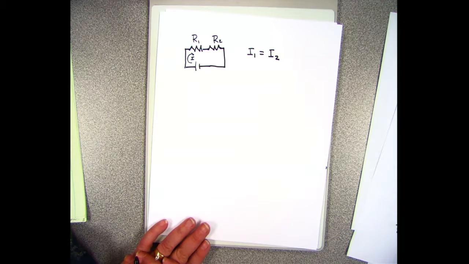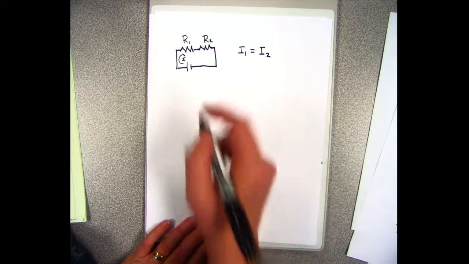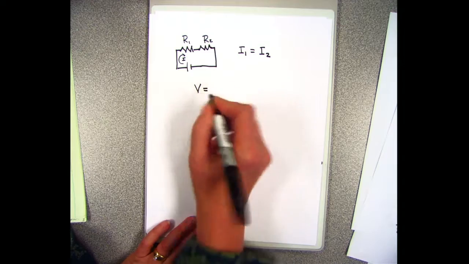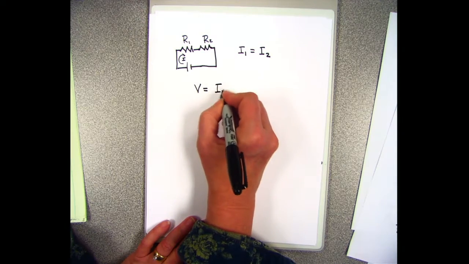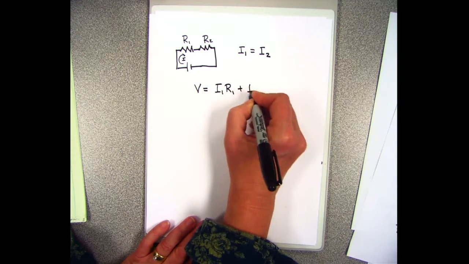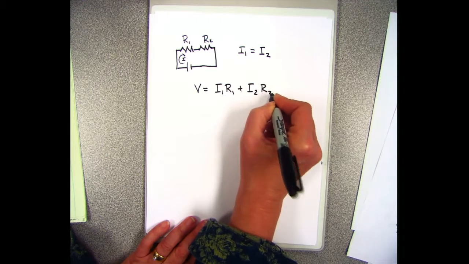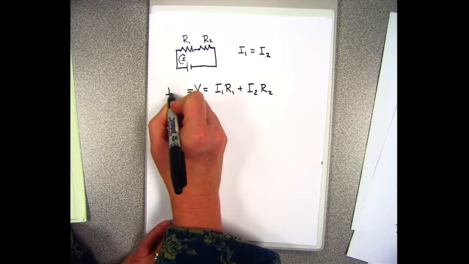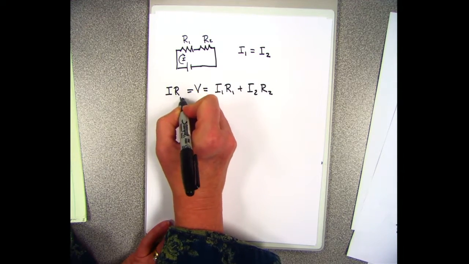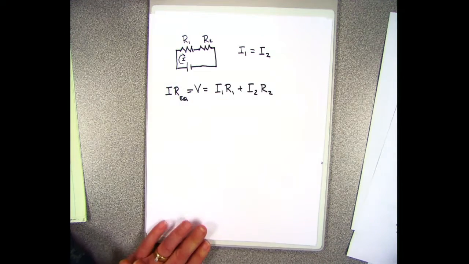So if I look at my change in potential, my potential in this system is going to be I1 R1 plus I2 R2. And this is going to be the current in the system times the equivalent resistance for my system.